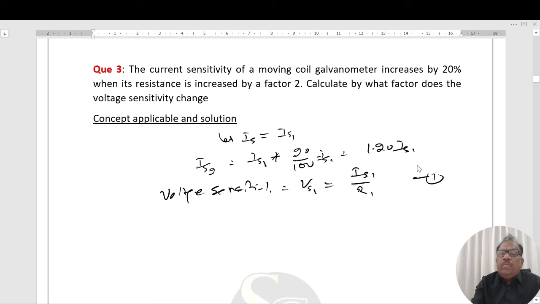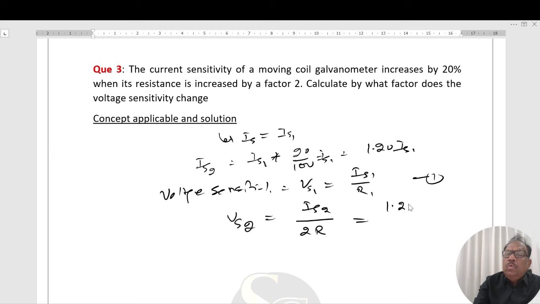Now calculate VS2. VS2 will be equal to IS2 upon 2R. What is IS2? IS2 is 1.2 IS1, upon 2R. We take it, so 3 by 5, this can be written as VS1.